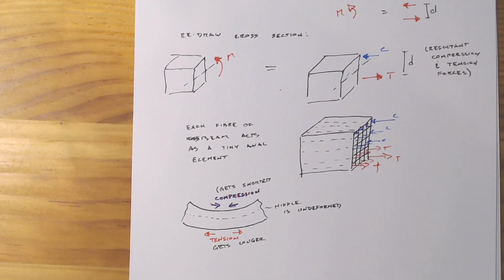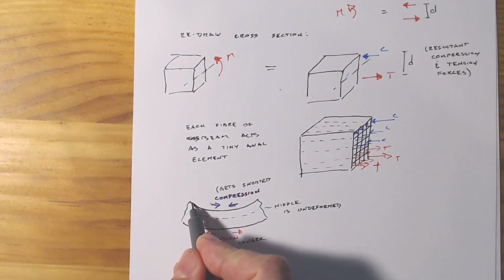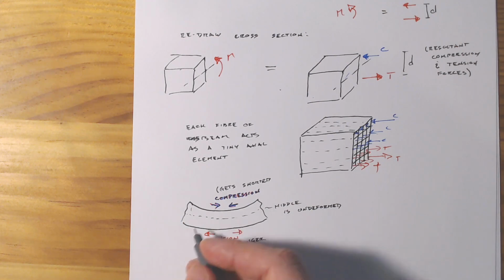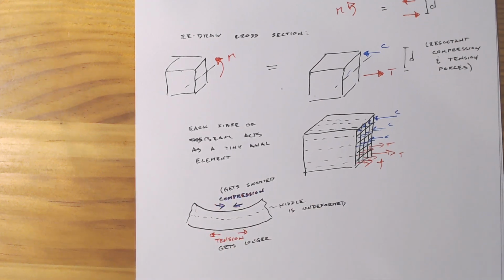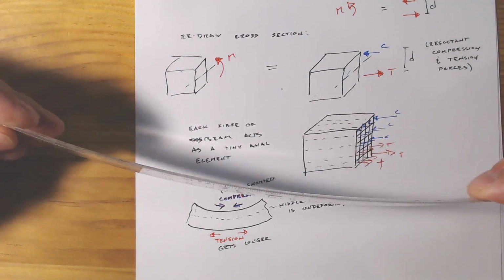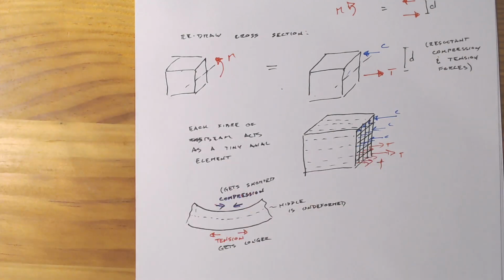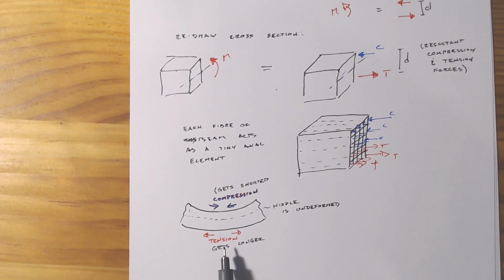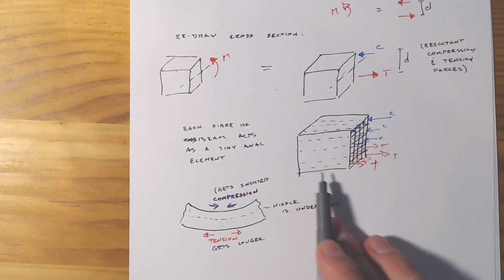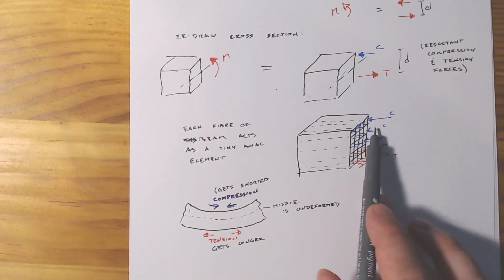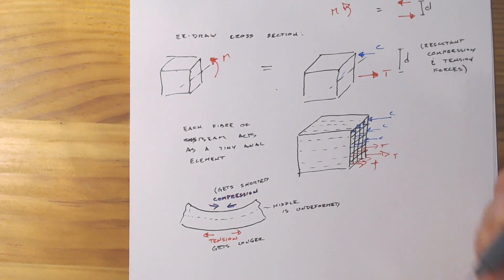And we know this because we're not seeing a big step in the cross section where the top gets shorter and the bottom gets longer. We're seeing this nice distribution where, as we bend our element, it looks like it's consistently bending. It's not like you see a big jagged bit in the middle. So we can use this concept of bottom getting longer, top getting shorter, and the fact that we can treat our moment as effectively a bunch of forces with some distance between the two.